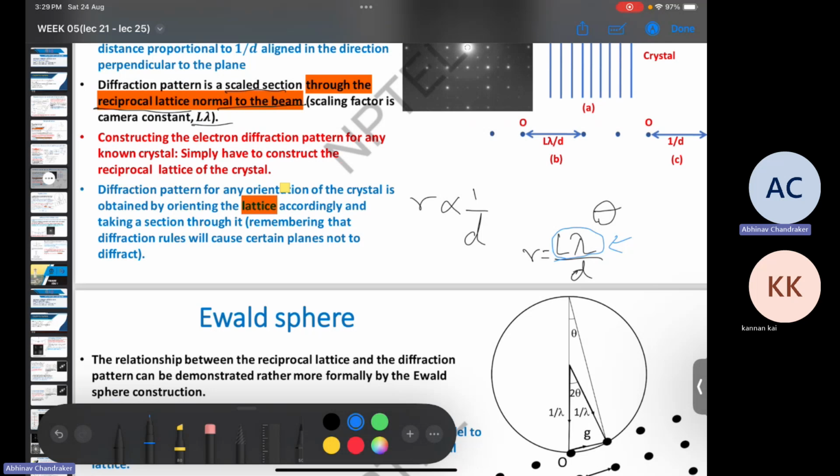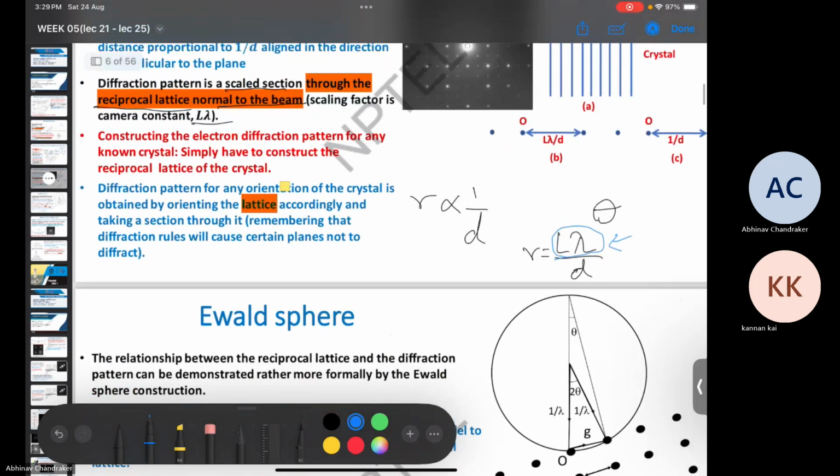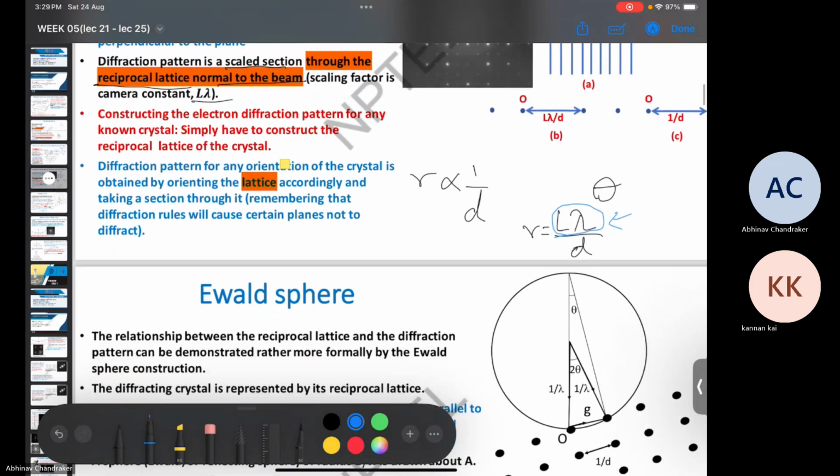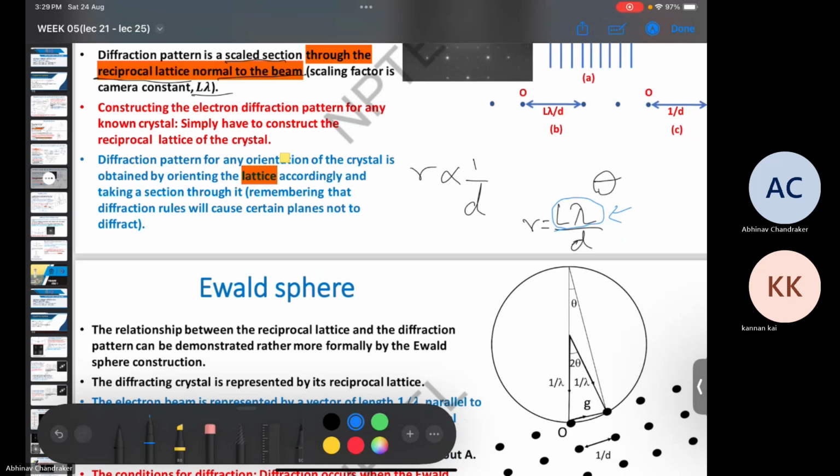So in this way you can make a correspondence of the diffraction pattern you get in TEM to the reciprocal lattice of the crystal which you are investigating. The same thing is written here.